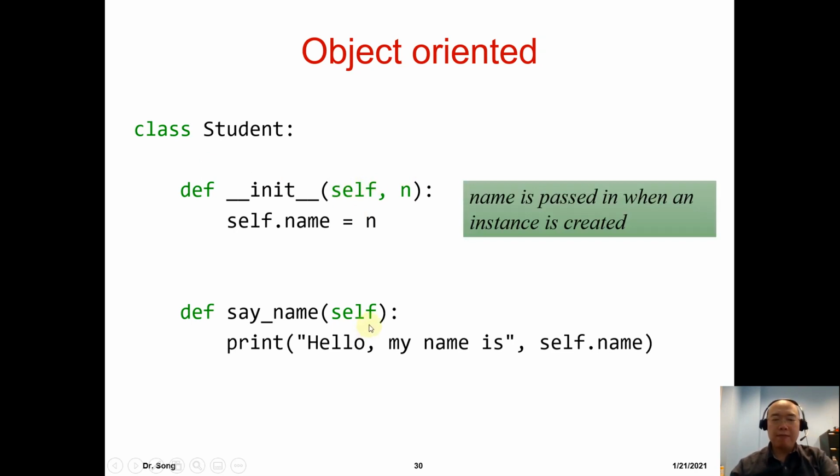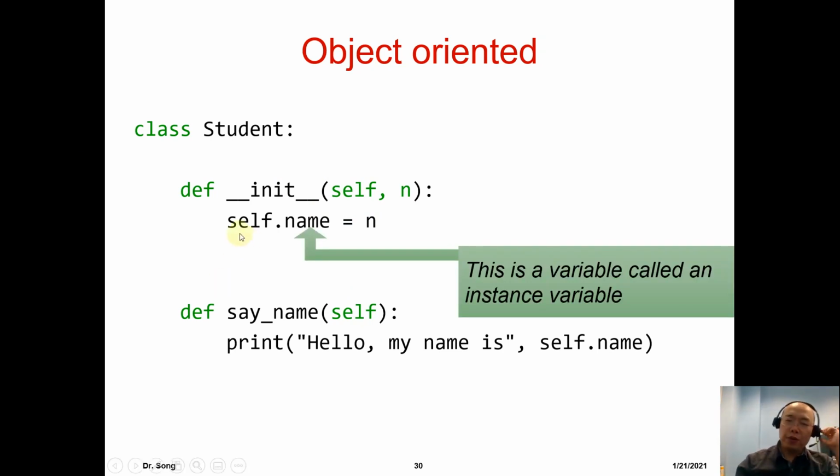The self just means that we are touching the current object that triggers this method call. If we write self.name, this means name is an attribute of this class, and we are touching the attribute name of the current object we are trying to manipulate, or the current object that triggers this method call.